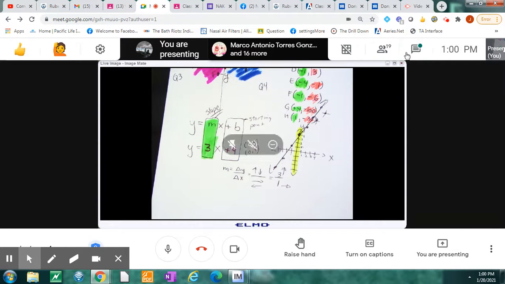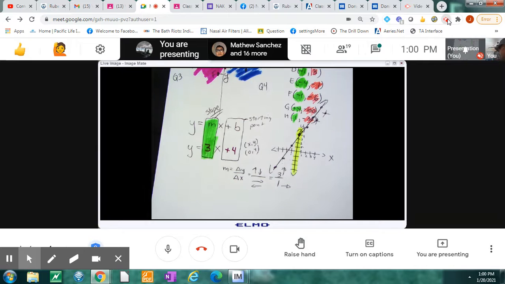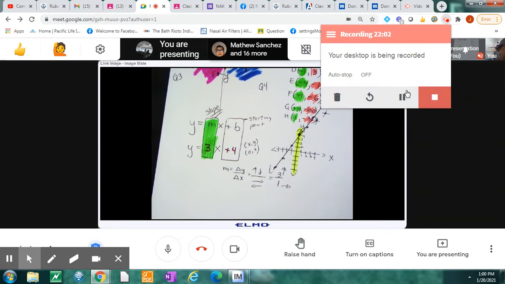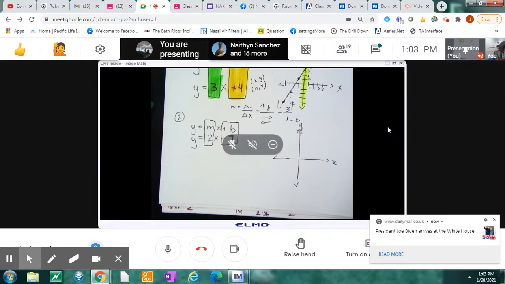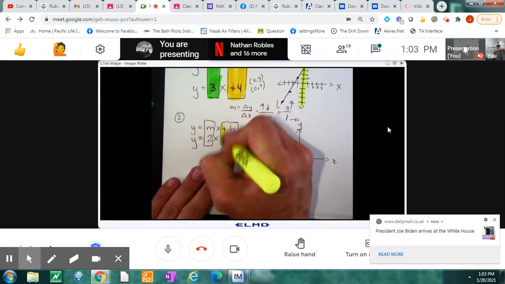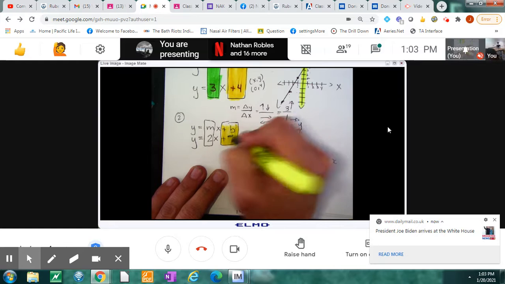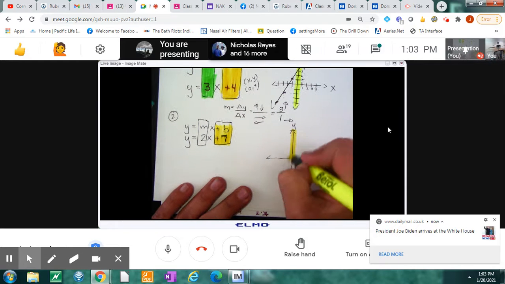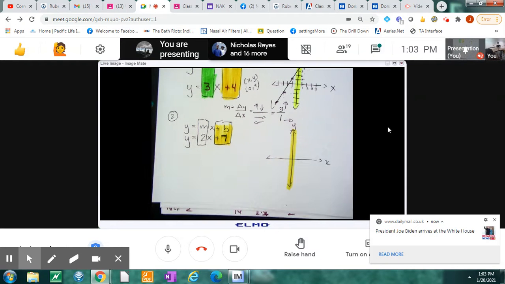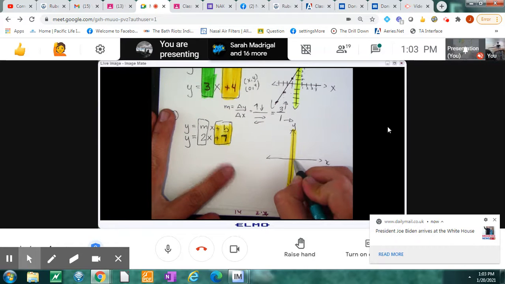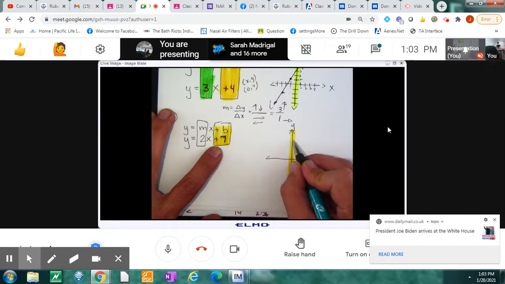All right, so let's just look at it again. Here's this one. Ready? So again, your starting point is your b, your 7. If you want to use color, that's fine. We're looking for positive 7, so that's going to be on top.